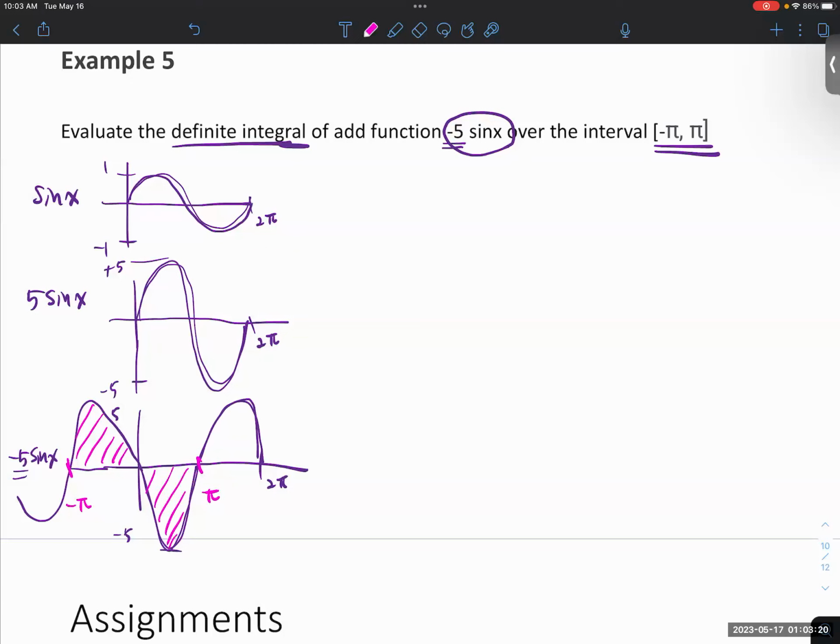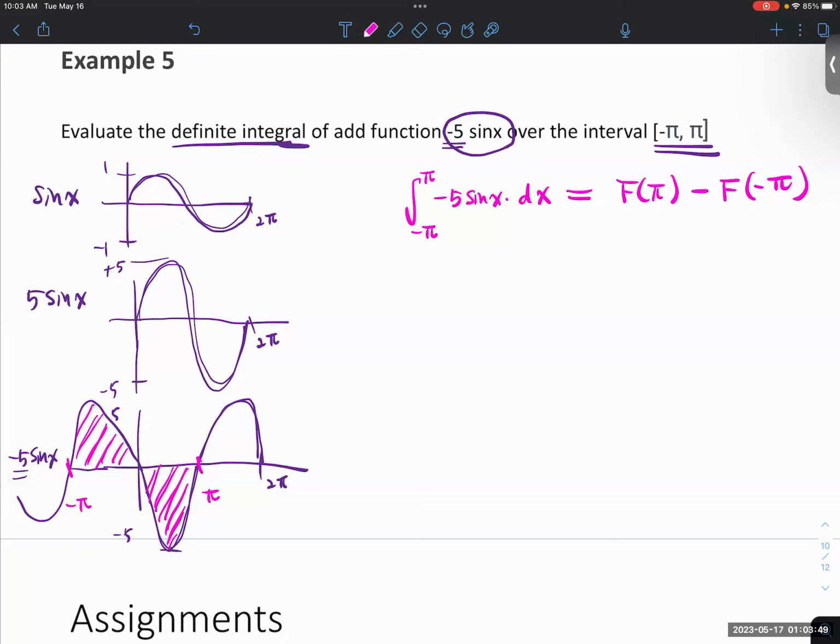So how would you set up that equation? We take the integral from negative pi to pi. The function is negative 5 sine x, and you are taking the integral with respect to the x variable. That is going to be capital F of pi minus capital F of negative pi, this area, correct?